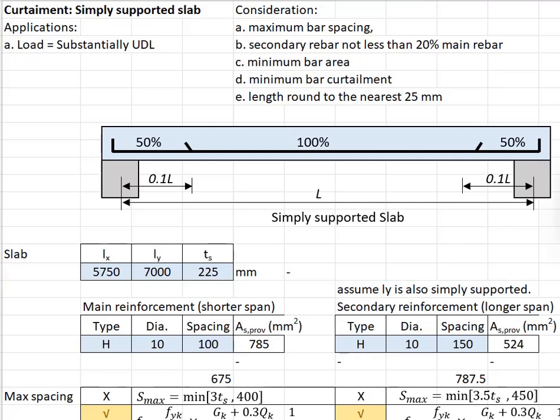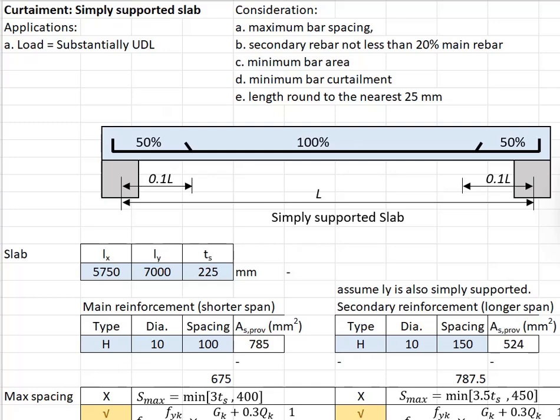Your next step will be the curtailment. You will look into the options that you have, compare against the simplified rules. The simplified rules allow you to reduce the reinforcement bar by half near to the support. We mentioned it previously.